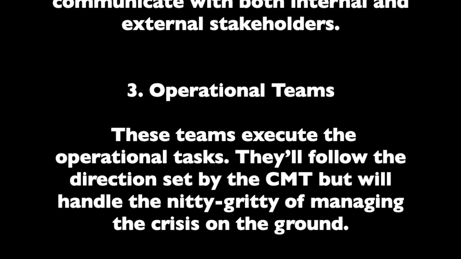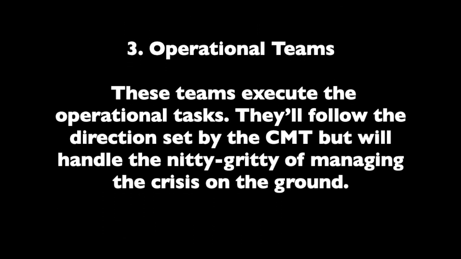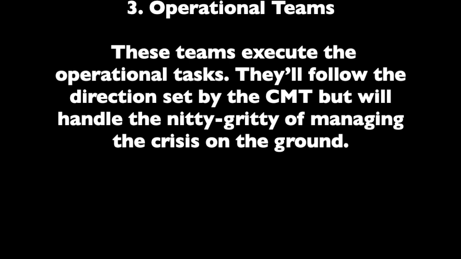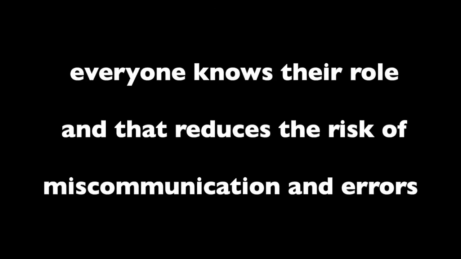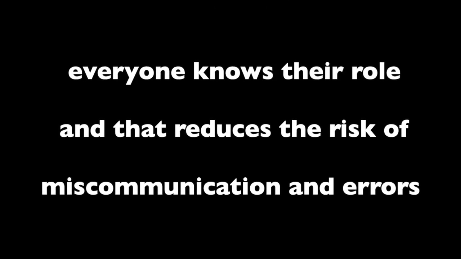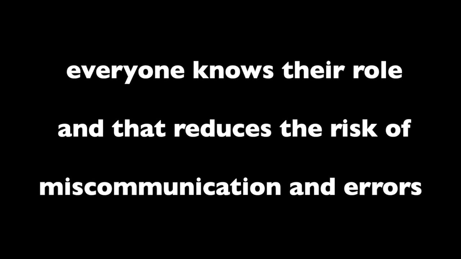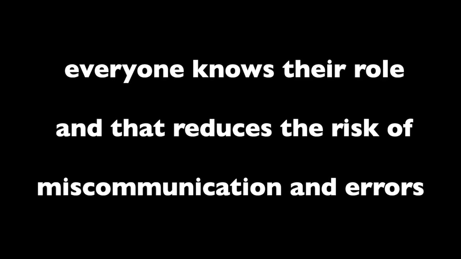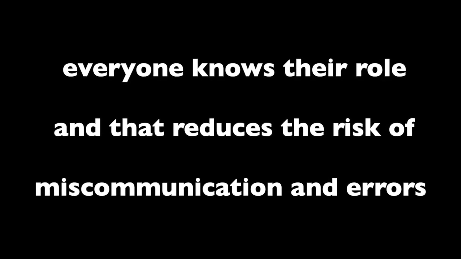Operational or response teams. These teams execute the operational and tactical tasks. They'll follow the directions set by the CMT, but will handle the nitty-gritty of managing the crisis. With a well-defined structure, everyone has clarity in their role, and that reduces the risk of miscommunication and errors.